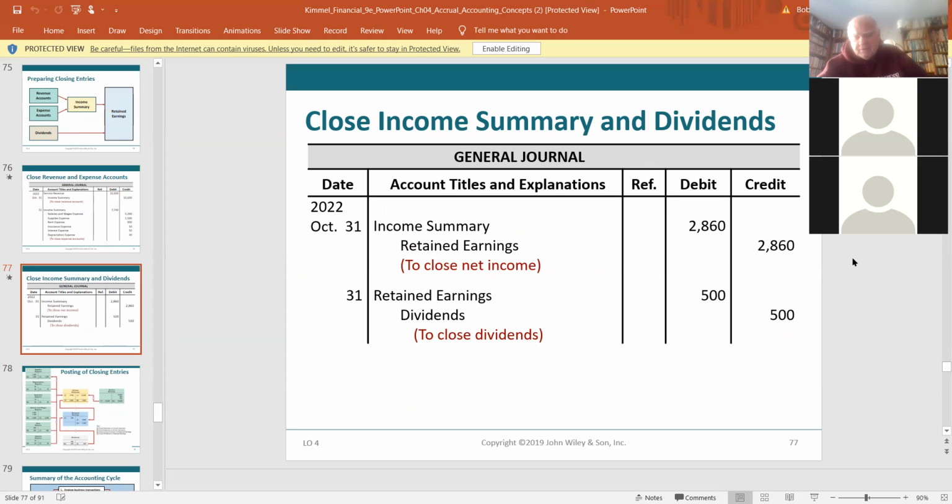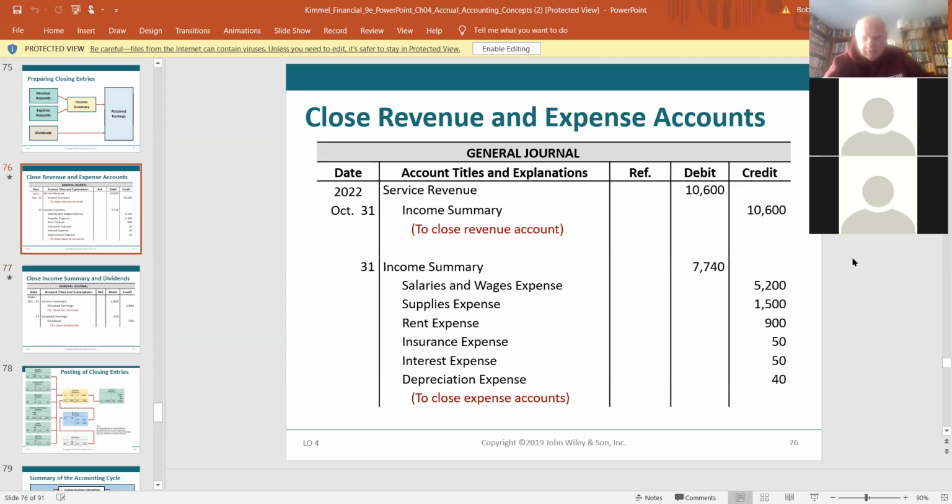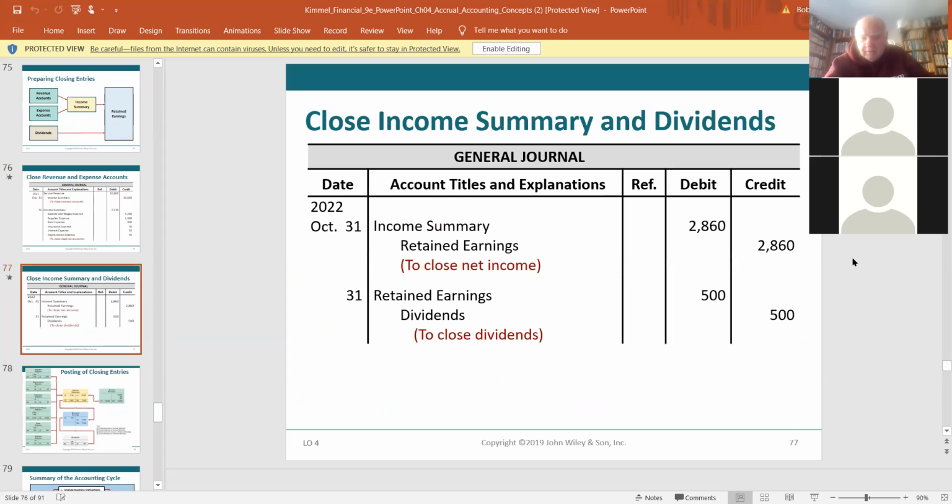They're skipping ahead. I thought they were going to show the entries differently. But what we've done now is we've got the income summary account including the income. So the income of 2,860 has to come out of the income summary and be moved over to retained earnings.